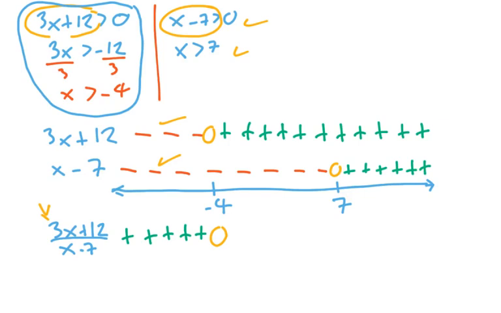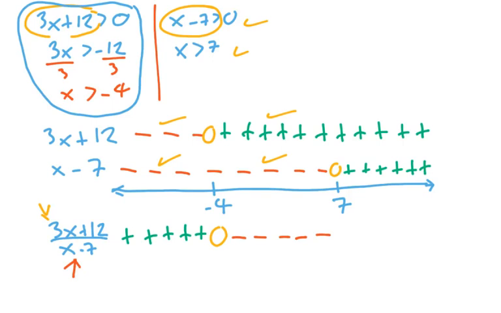Now I look between negative 4 and 7, and I see I have a positive divided by a negative, and that will make a negative. So I put some little minus signs until I get to the next 0. And I notice that this time my 0 would be in the denominator, and that's undefined. So that's really, really important to recognize.